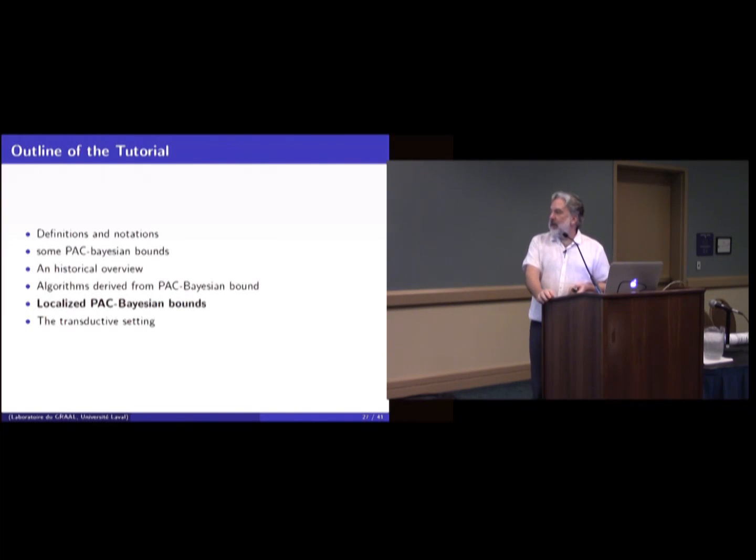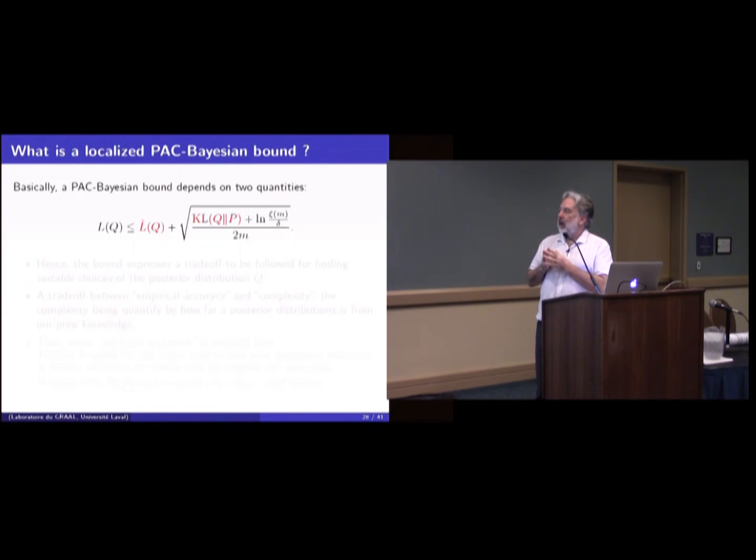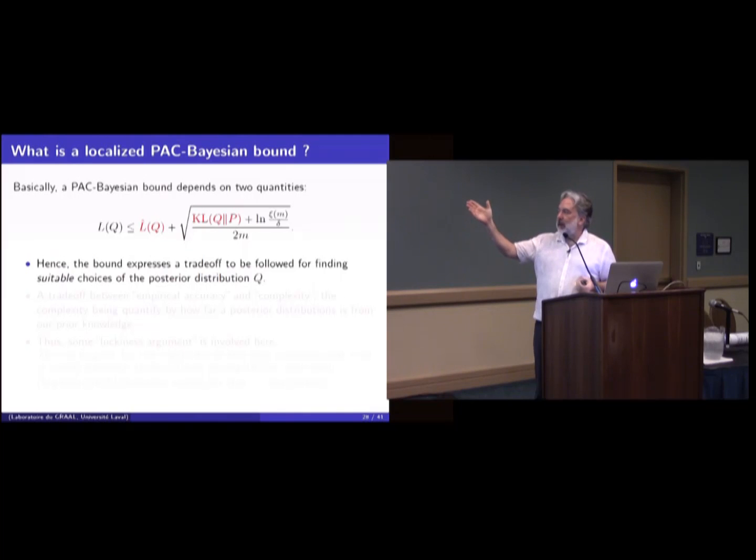Okay, localized prior now. If you look at this, you can see that the bound can be very awful if the KL is very, very big. Okay. So suppose that your prior is very bad, and then you are forced, in order to have good empirical performance, to really choose a Q that is very far from it.